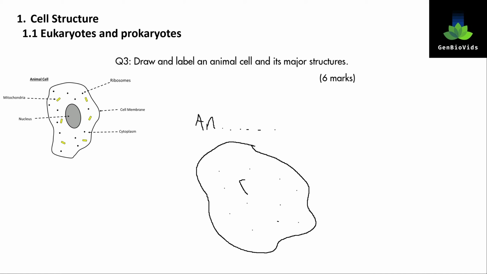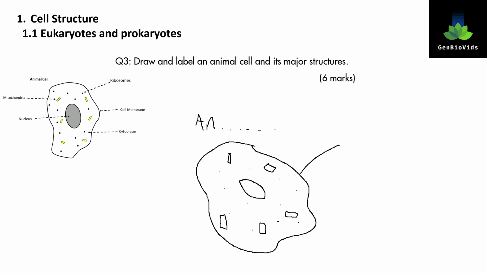Add the nucleus in the middle and the mitochondria. Like I say, it doesn't matter that this looks pretty terrible, because they're assessing your scientific content, not your ability to draw. Okay, so once you've got something very simple like that, then you can then add your labels.